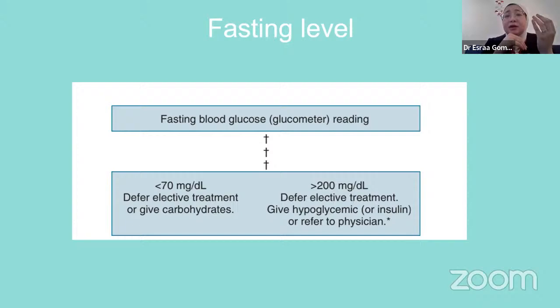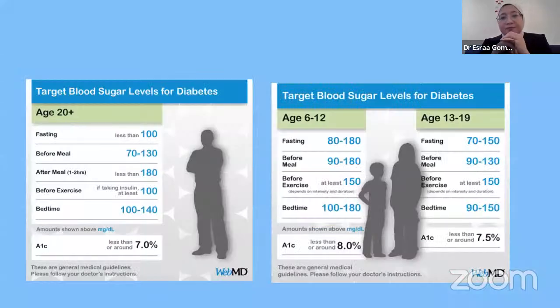According to the research, the fasting blood glucose level is the most important level affecting reepithelialization and wound healing after extraction or after any soft tissue manipulation. So the most important factor is the fasting blood glucose. If the patient is less than 70, do not work, or higher than 200.